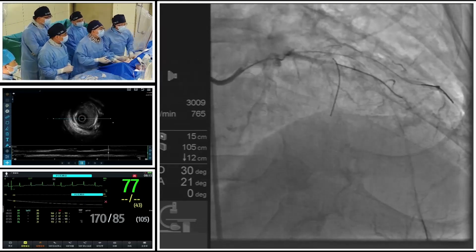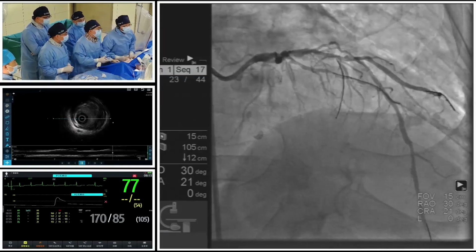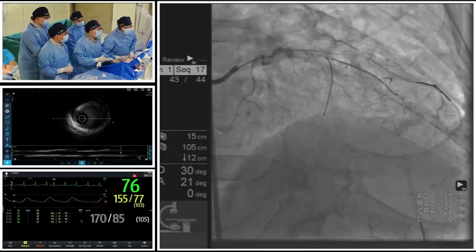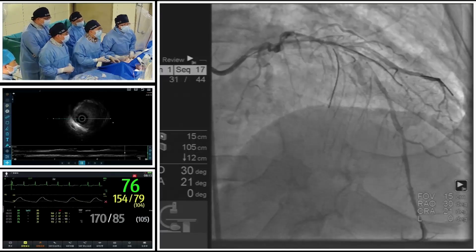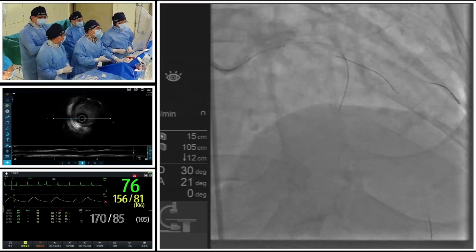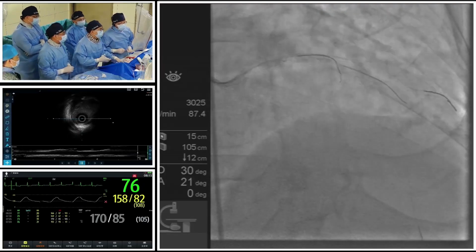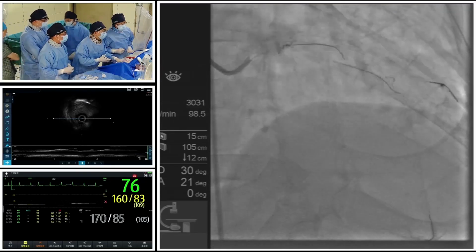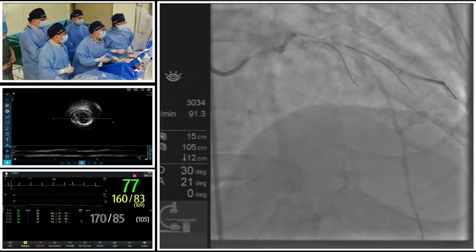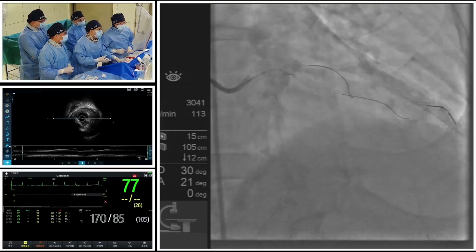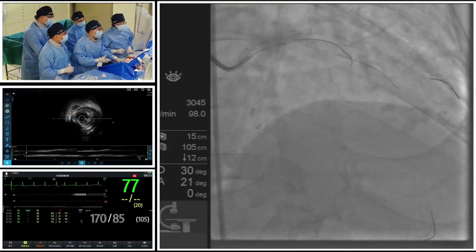Like Professor Lee introduced, the whole idea of this procedure is not just maintaining the expansion of the stent, but also maintaining all the big branches to ensure the prognosis of the patient. And why do we perform rotablation on this patient? If you look closely, you may notice a relatively big and eccentric calcification at the bifurcation site of the left main.